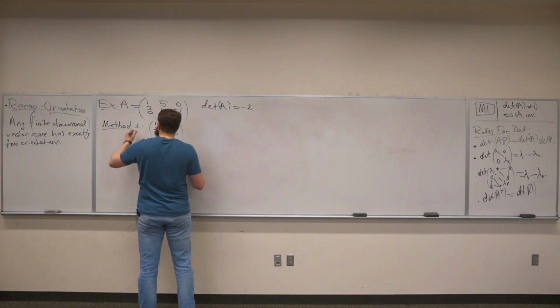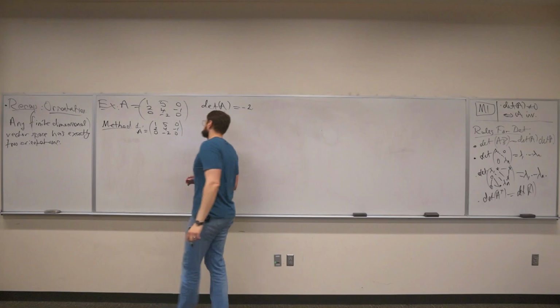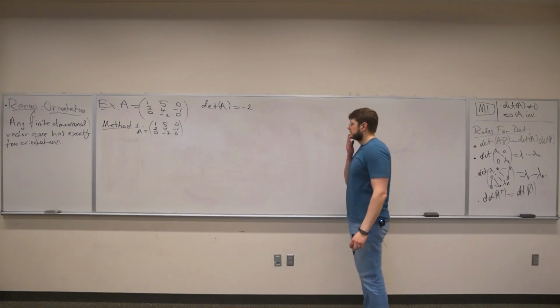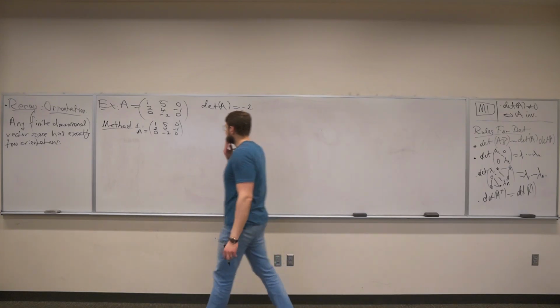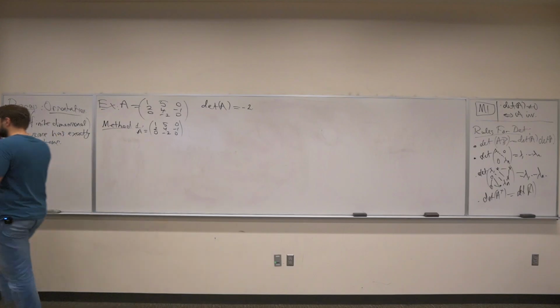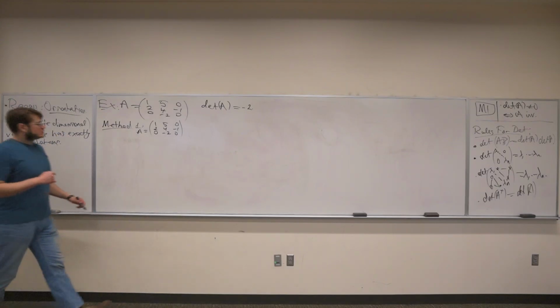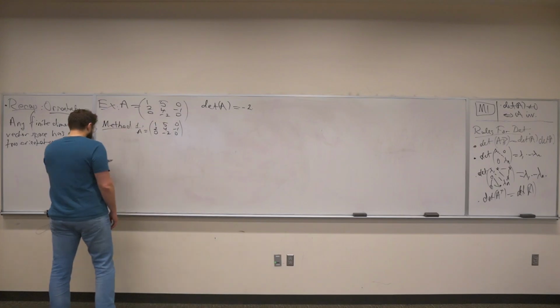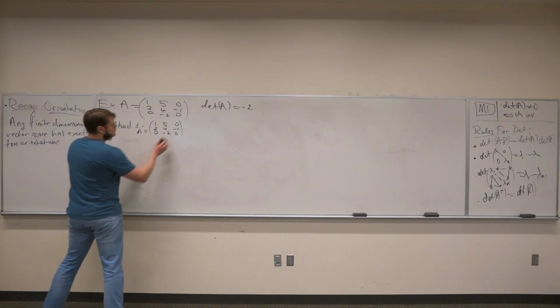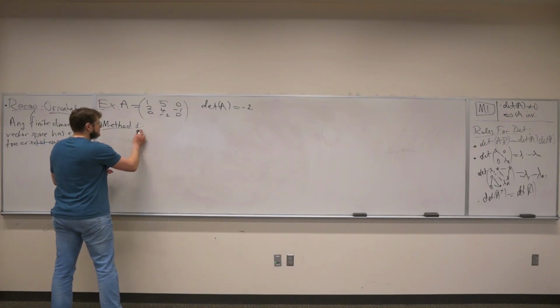That's A. Say I take the first row and subtract twice it from the second row. Okay. Maybe I'll be a little bit more systematic here.